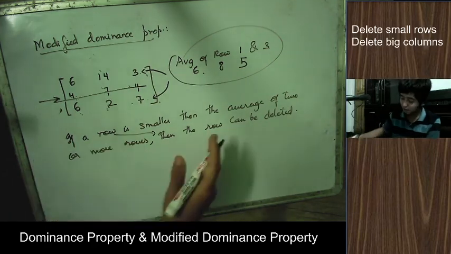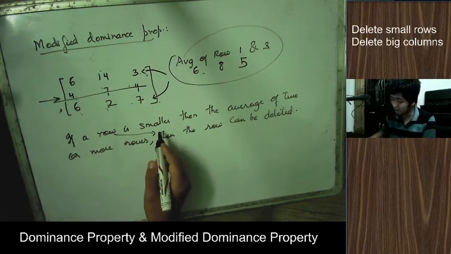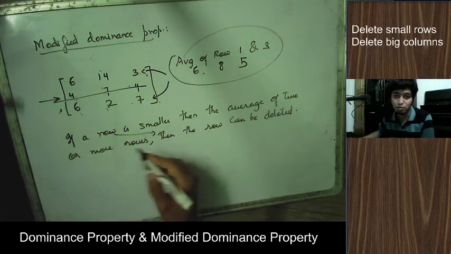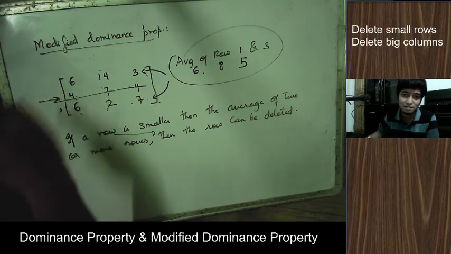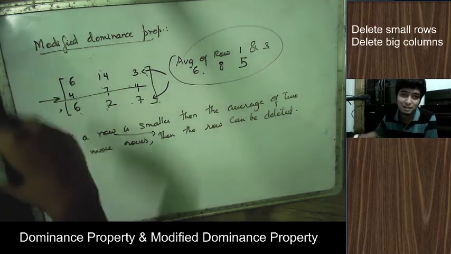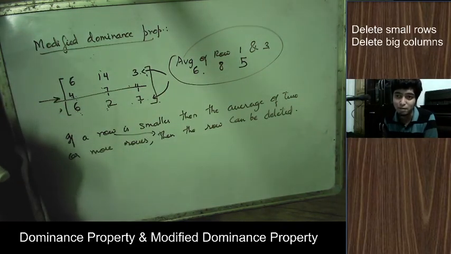And similarly for a column, if a column is larger than the average of 2 or more columns, then that column can be deleted. So this is all about the dominance as well as the modified dominance property.